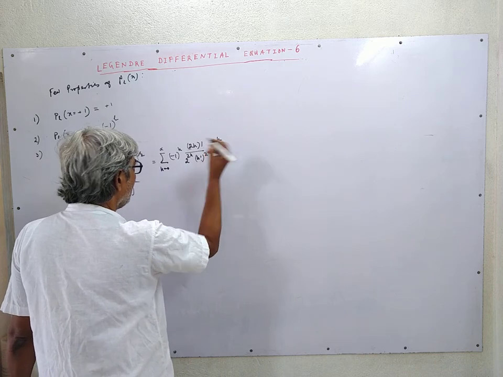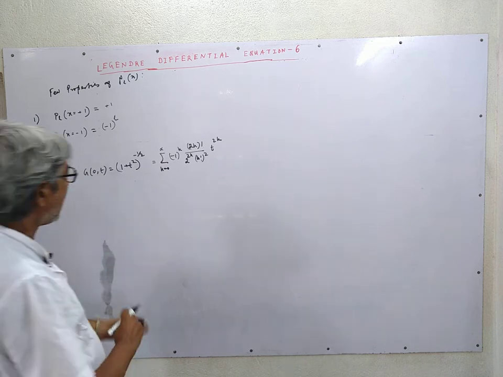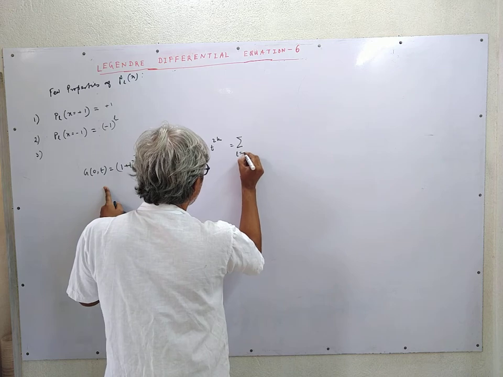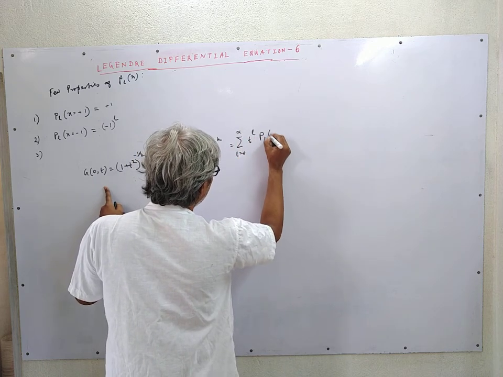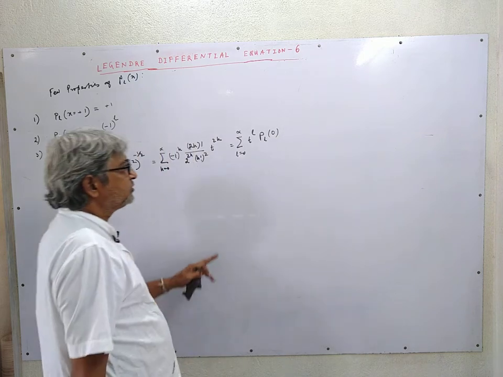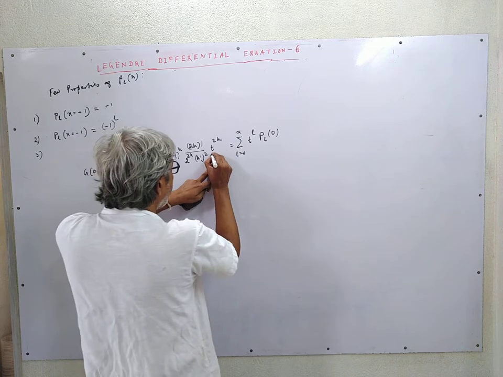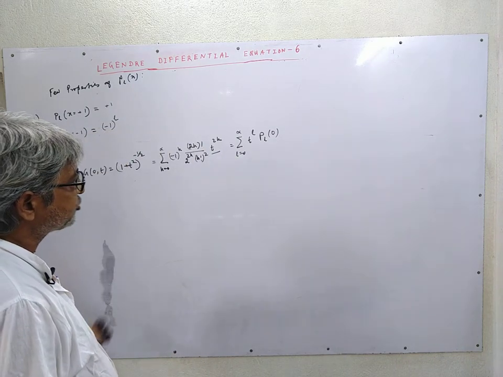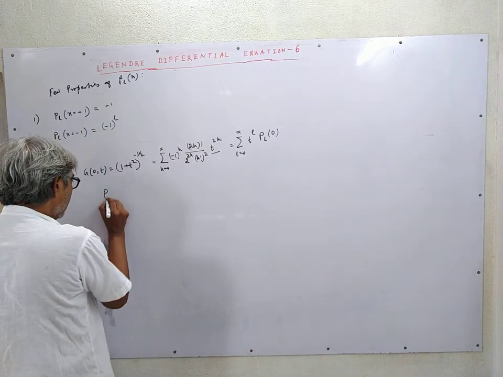It is from this expansion, and if we write this, we have the sum over L equal to 0 to infinity of t to the power L P_L of 0. You see that in the left hand side only the even powers of t appear. So for odd values of L, P_L is 0.